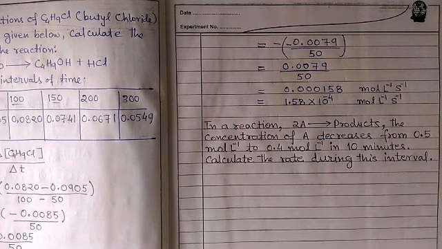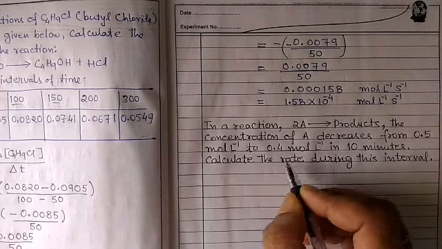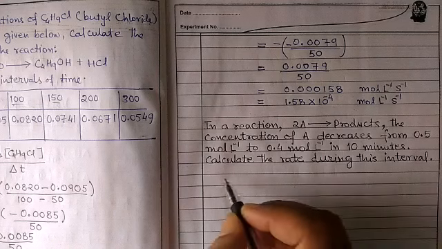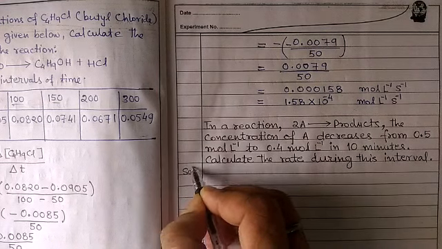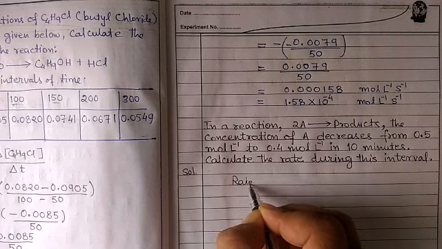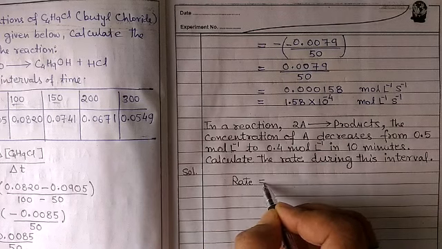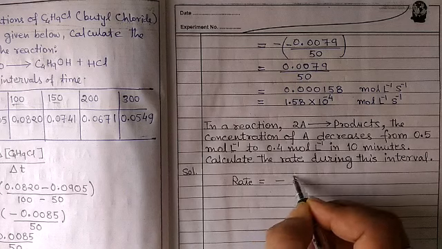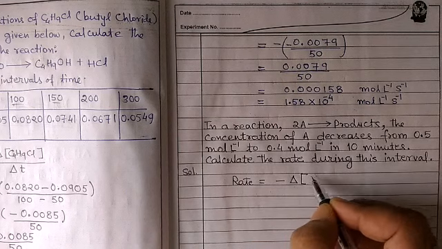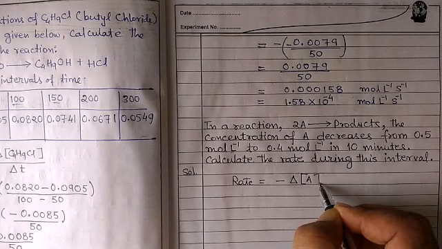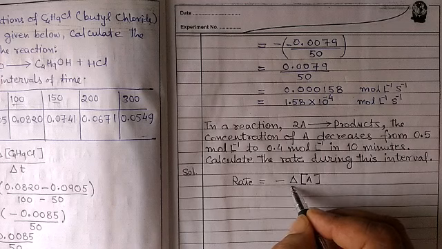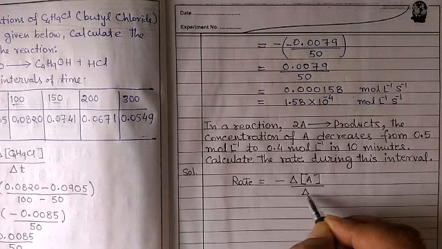So for this particular reaction, if we are going to write the average rate equation, how are we going to write it? Let's see. Rate of reaction will be equal to minus delta concentration of A, divided by time.